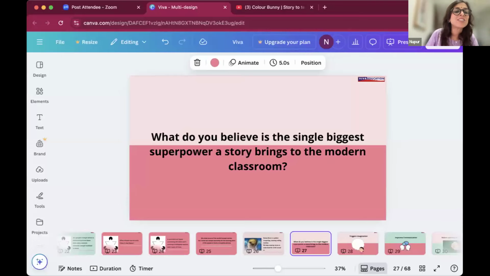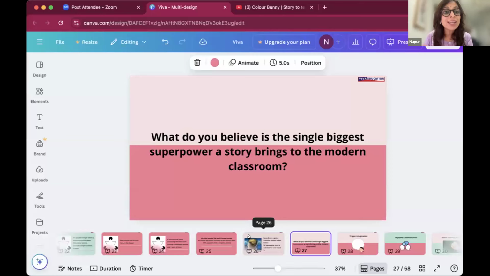Everybody's talking about imagination. Everybody's talking about connection. To make the subject more relatable, to arouse curiosity. Wonderful. To gain the attention of students. Children love stories, so that's why we need to tell them stories. Enhance creative thinking. Okay, to clarify concepts. That's wonderful. So we can stop the discussion there.